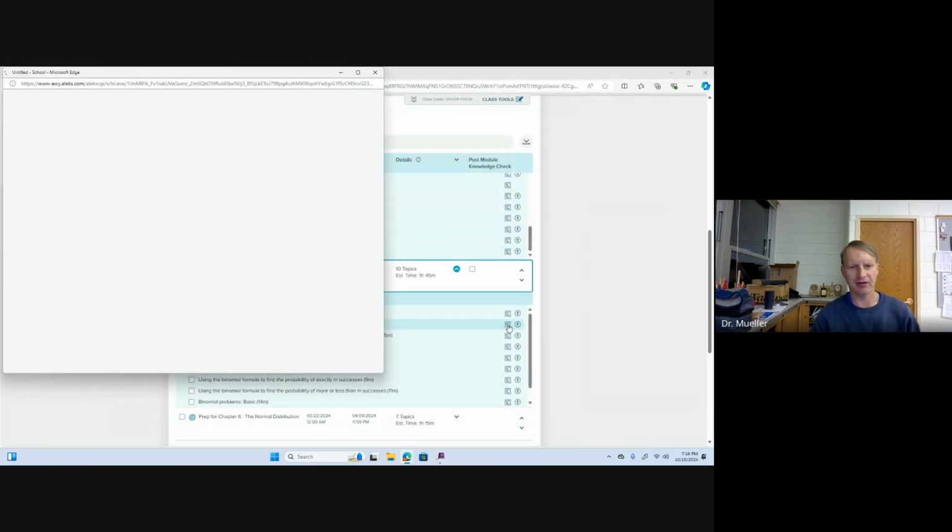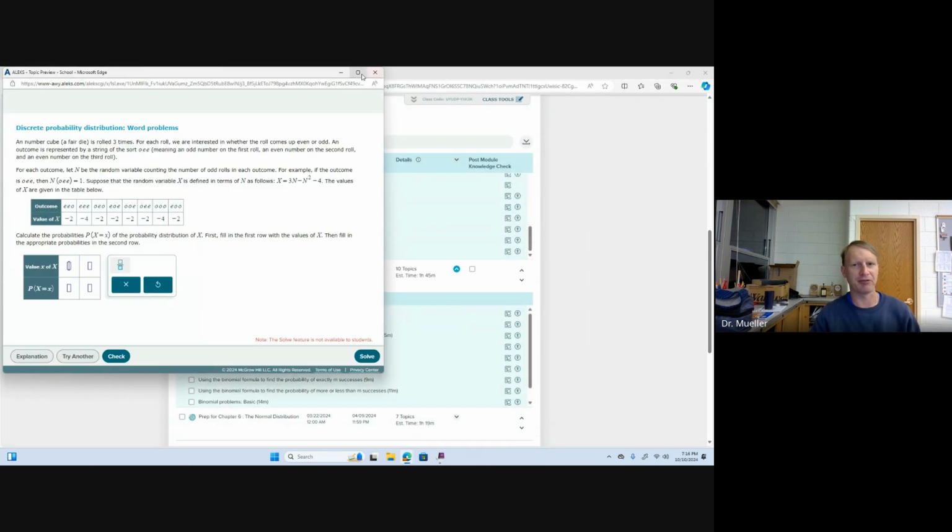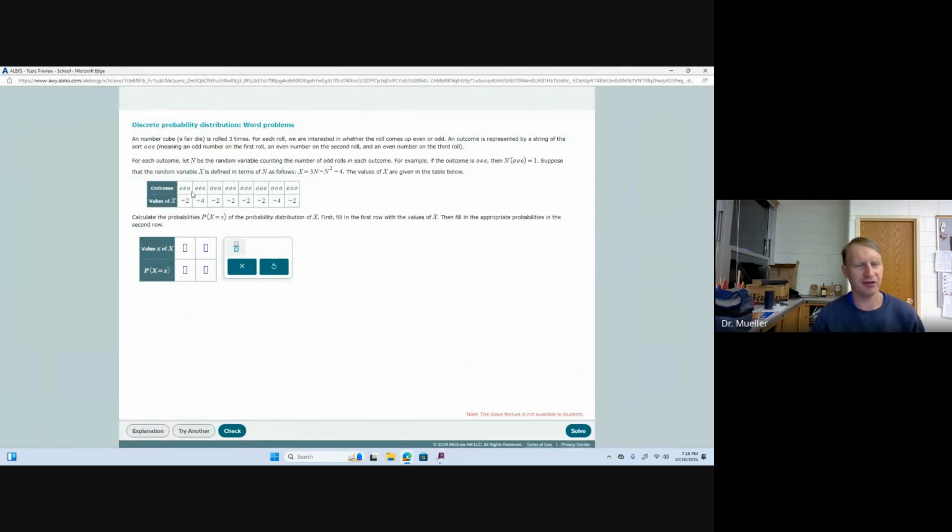Let's take a look at these type of problems here. In this case, it gives us a list of each outcome. And this is if we're rolling a fair die, and it's either going to be odd or even. This is a formula that we're using, but it actually gives us the results right here, so we don't even need to worry about that formula in this case. It says, what are the values of X? Well, I see a -2 and a -4.